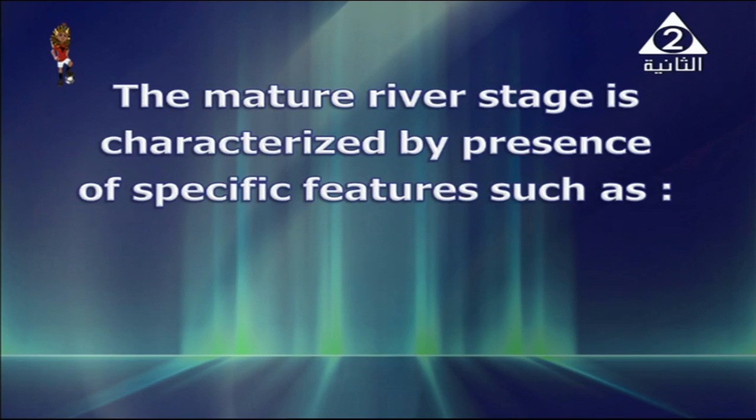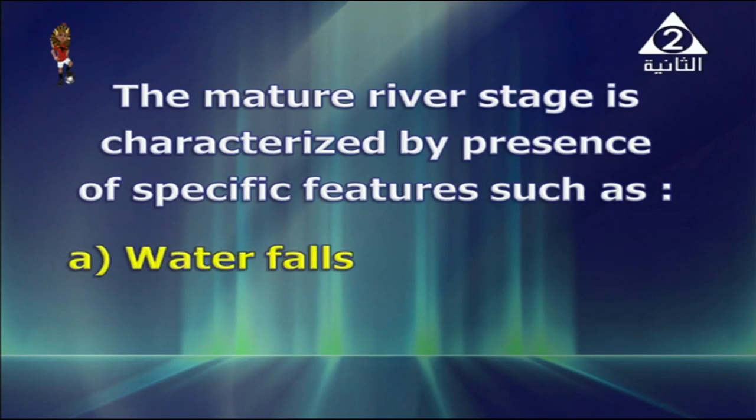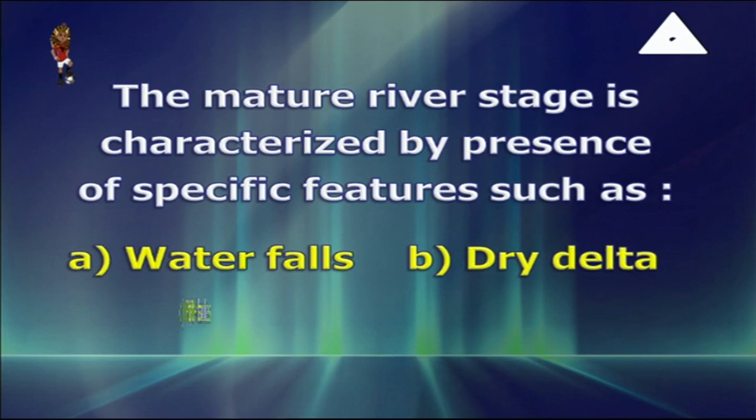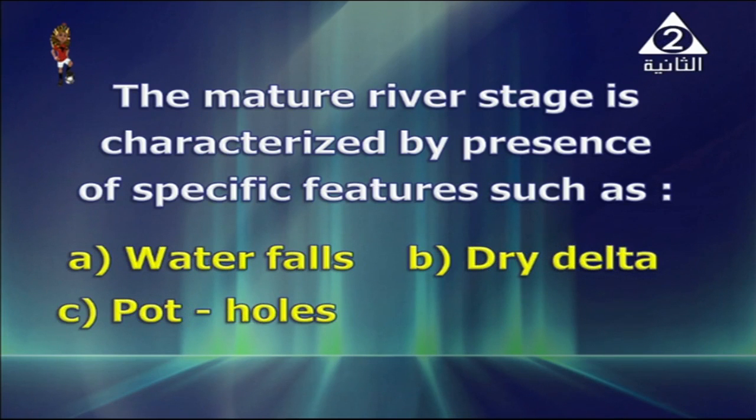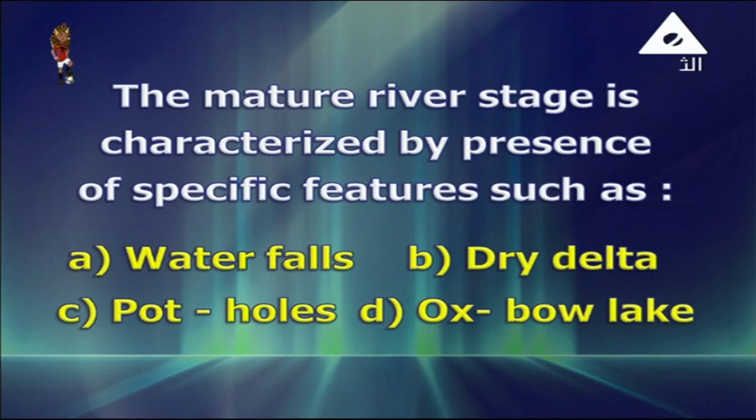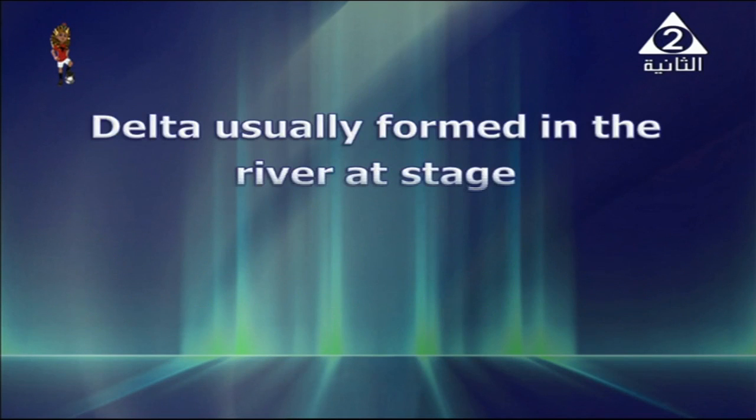The mature river stage is characterized by the presence of specific features such as, is it waterfalls, dry delta, potholes, or oxbow lake? Yes, the right feature here for the mature river is the oxbow lake.